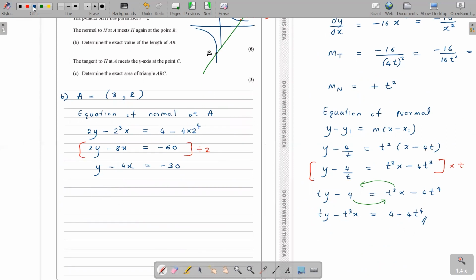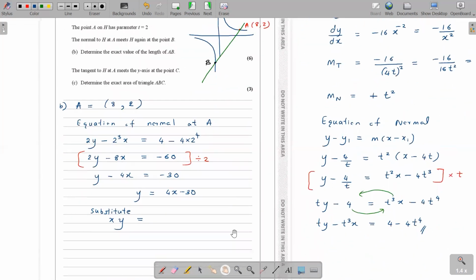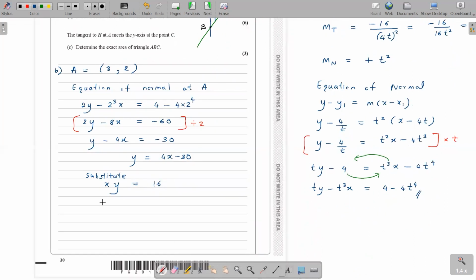What do I get when I make y the subject? y equals 4x minus 30. And then substitute this into xy equals 16. Replace here y is 4x minus 30, so x(4x minus 30) equals 16. So I get here 4x square minus 30x equals 16.